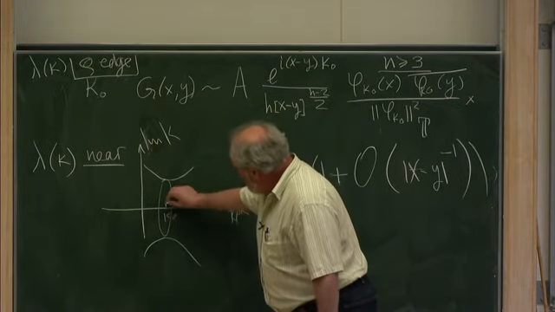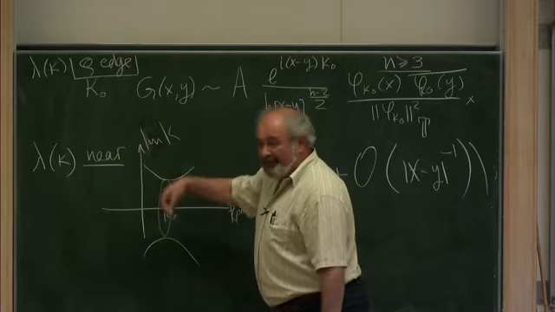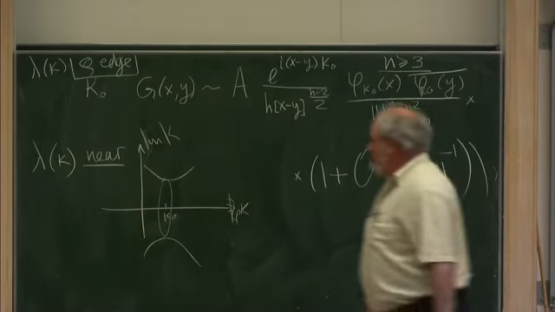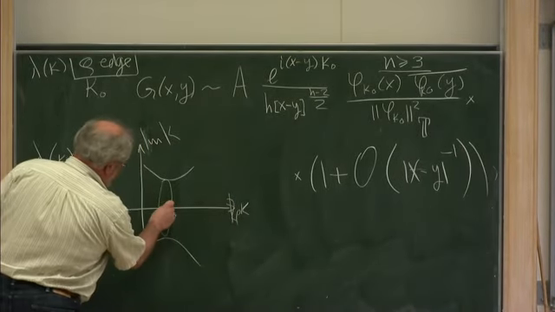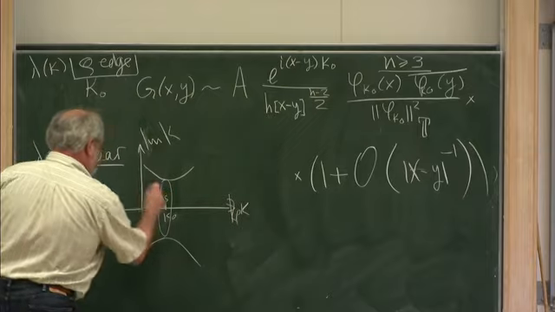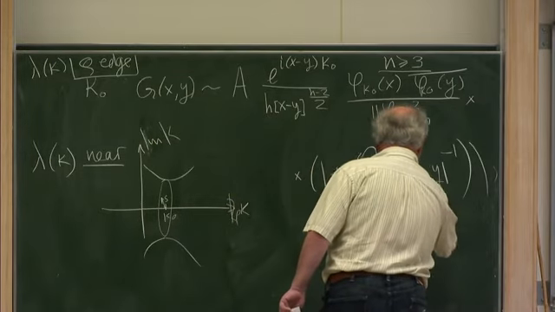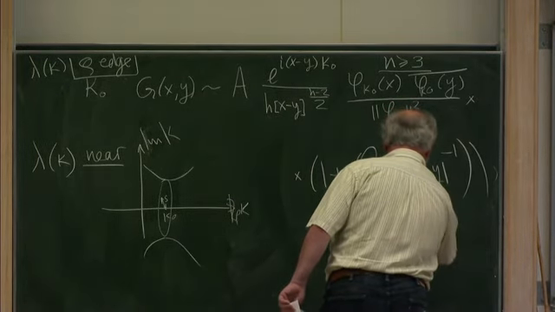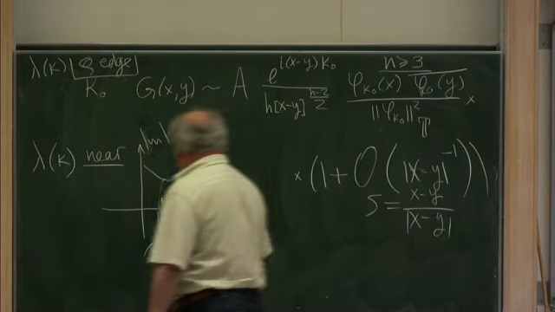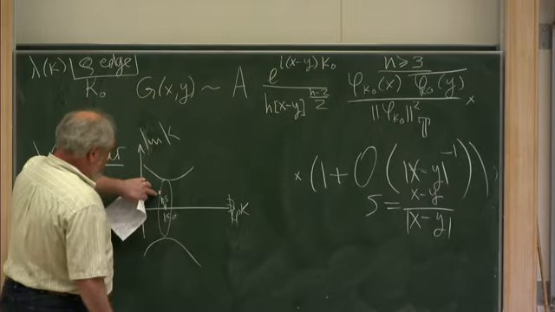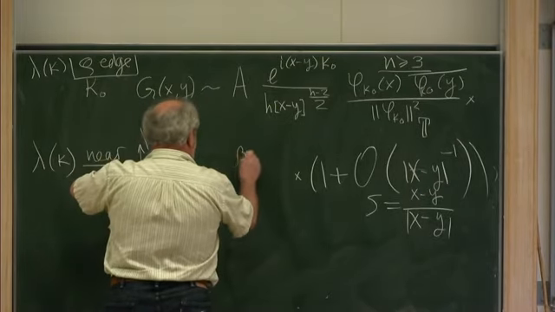But if you go in different directions, you hit it at different times. So you draw a unit vector S, which in my case is x minus y over absolute value of x minus y, and you look at how far you go until you hit the dispersion curve, and this is beta S.